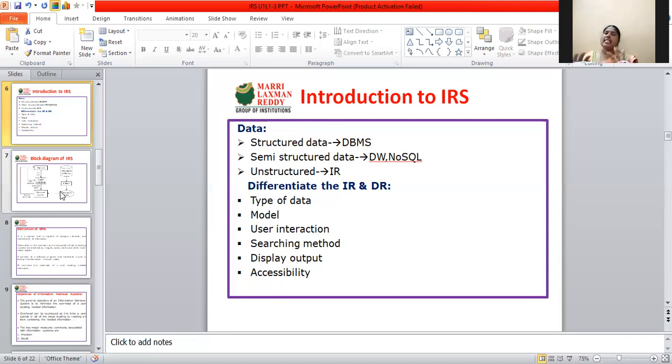And accessibility: in data retrieval, accessibility is the knowledge of SQL query, and only such users can access. In information retrieval, any user can access the data, for example in Google search.